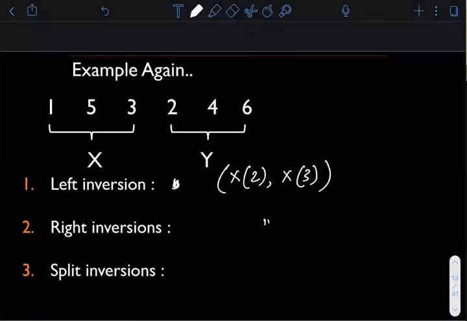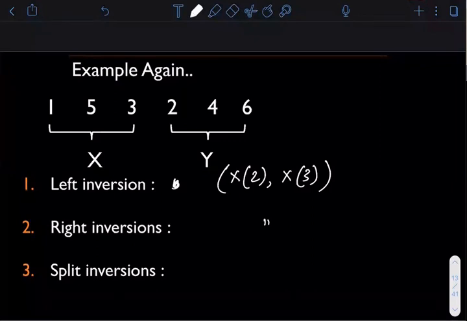I think you can figure out what the right inversions are. Are there any split inversions? Right, so y3 and y2 is a... But in terms of indices, what is a split inversion? Which are the split inversions?